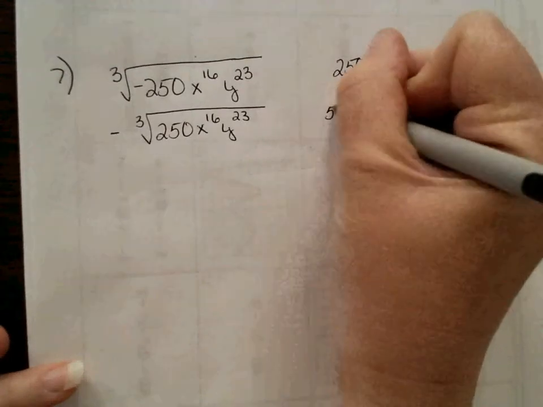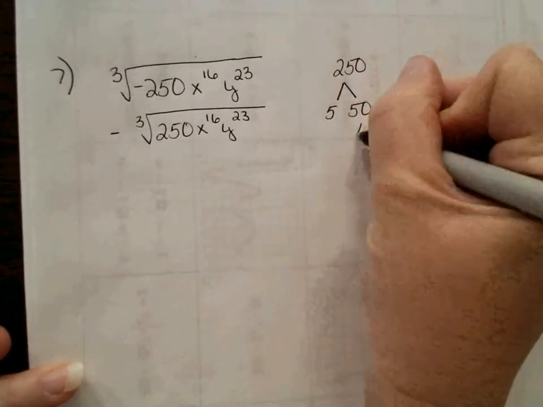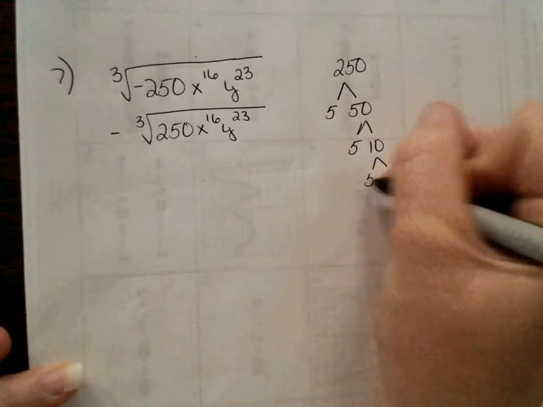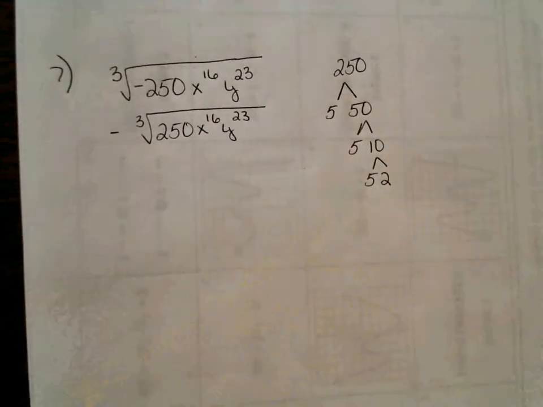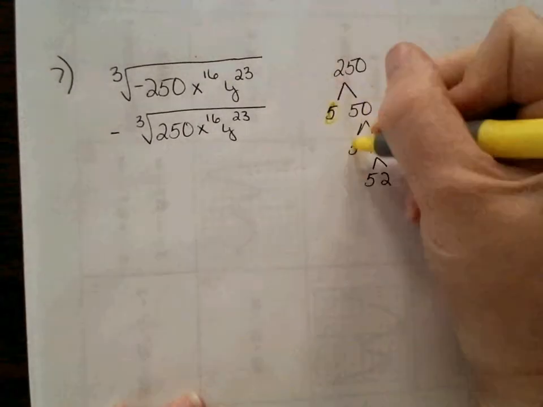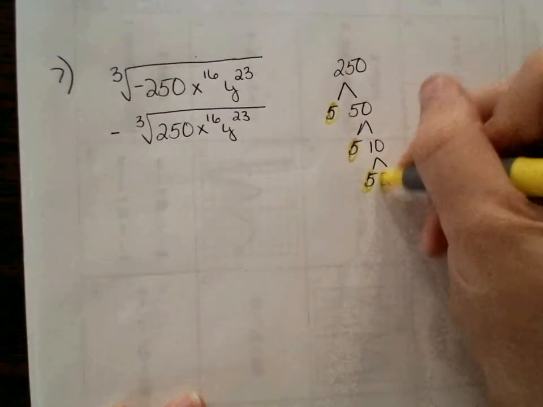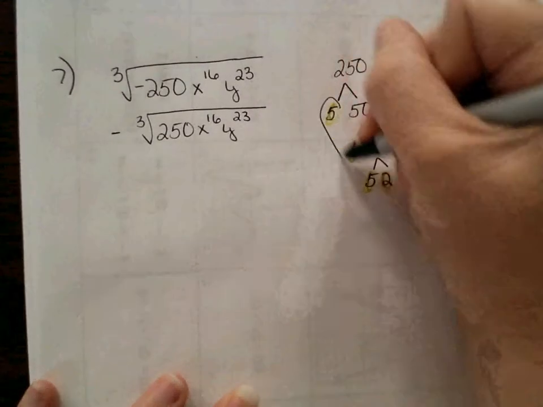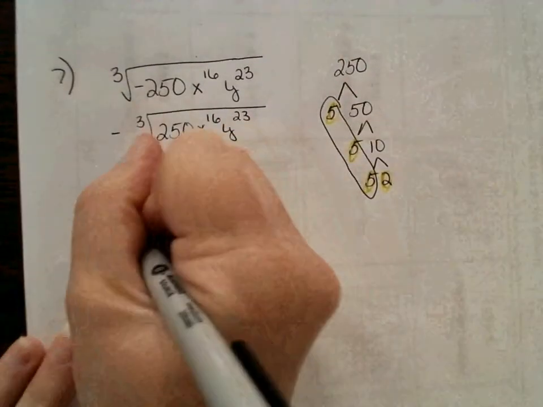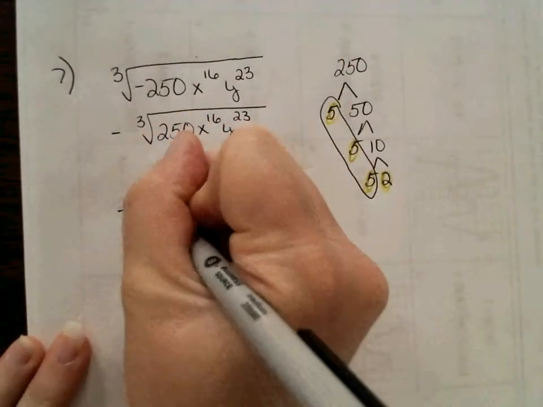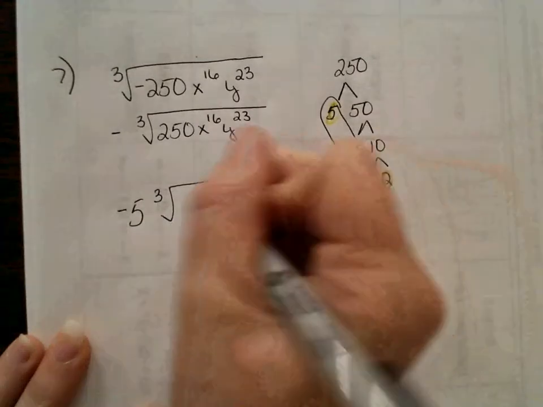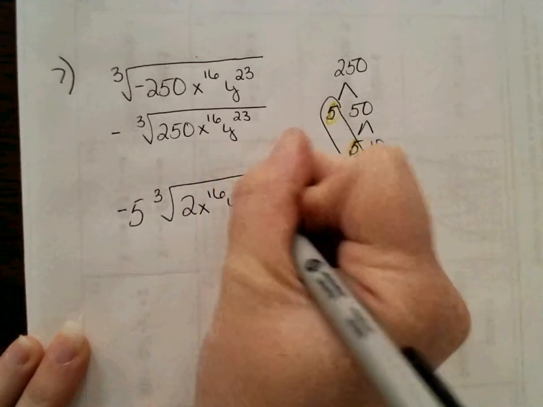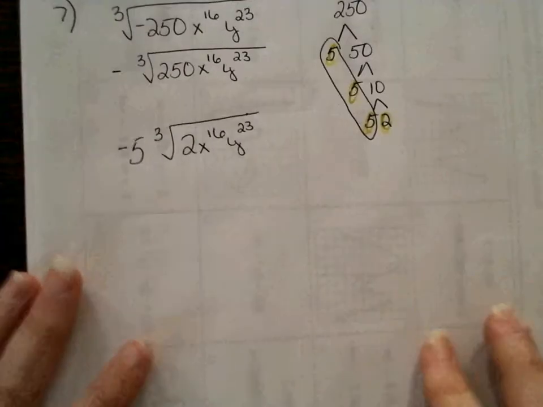Okay, so how'd you break down 250? 5 and 50. And so 50 would be 5 and 10. 10 would be 5 and 2. Okay, so I have what numbers coming on the outside? 3, one group of 5. Okay. So negative 5, the cube root, and then 2 inside.